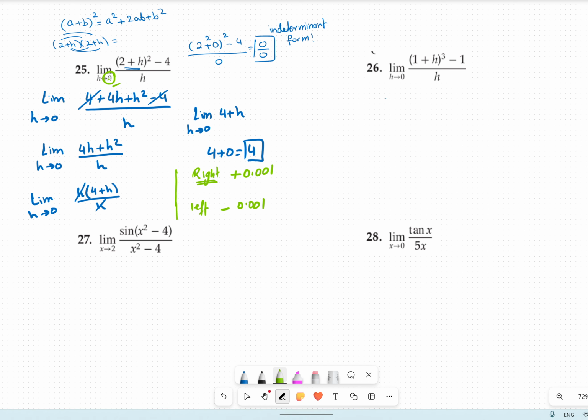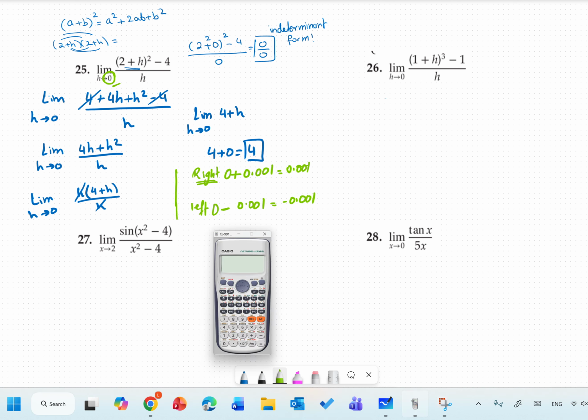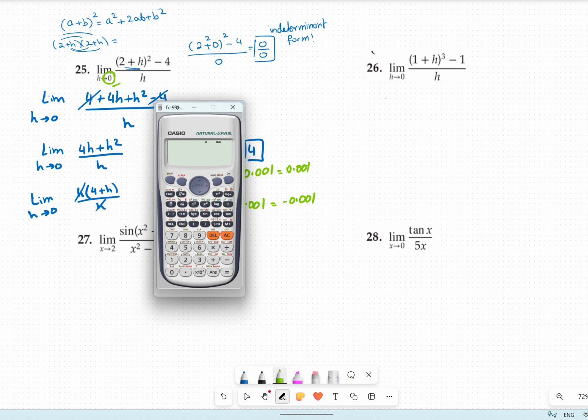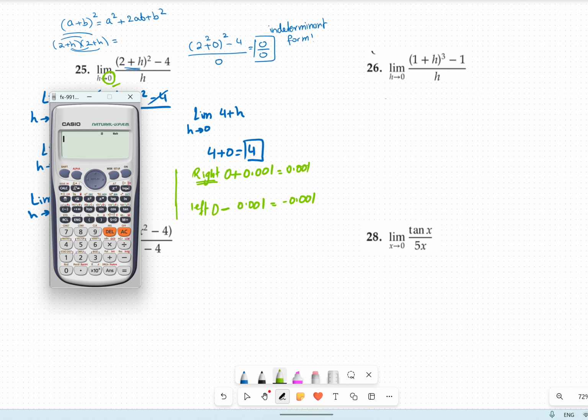So for example, here I have 0. So if I add 0 to 0.001, I will get what? 0.001. If I subtract 0.001 from 0, I will get minus 0.001. So now I will go to my calculator and I am going to do the following. I am going to write the function same as it is.